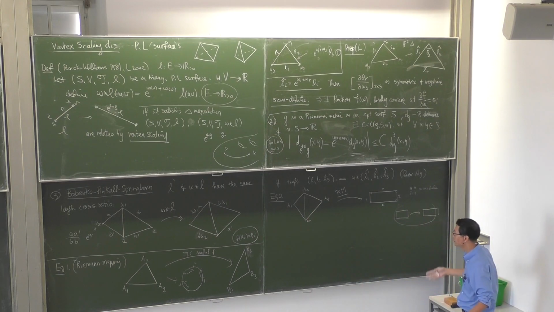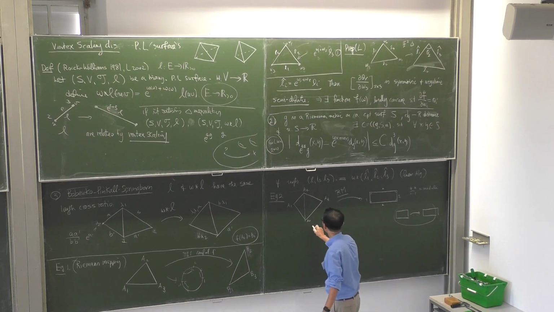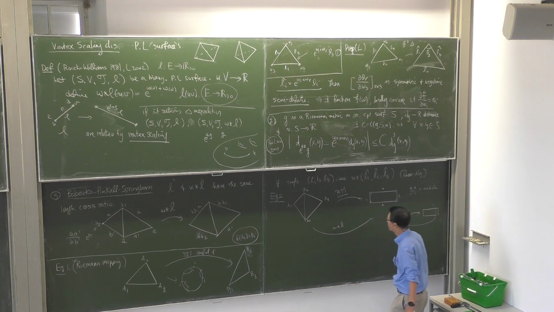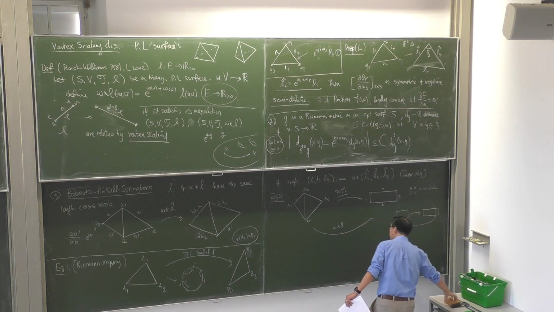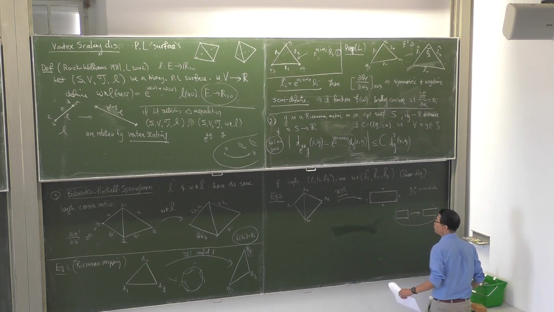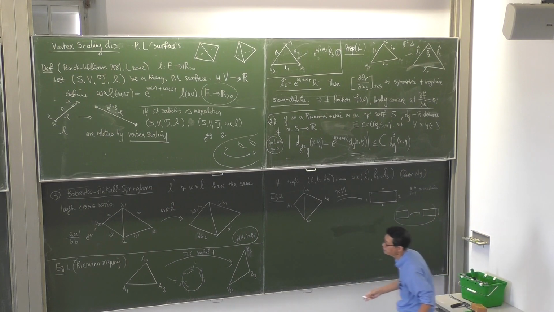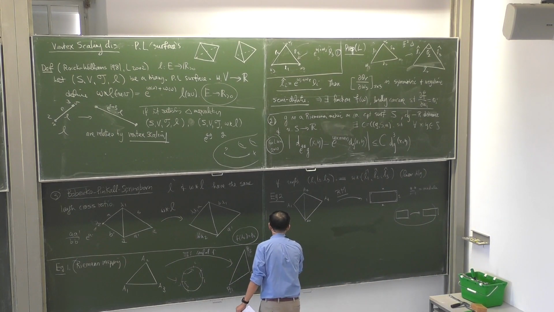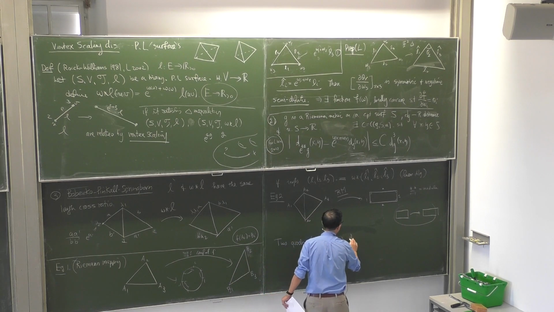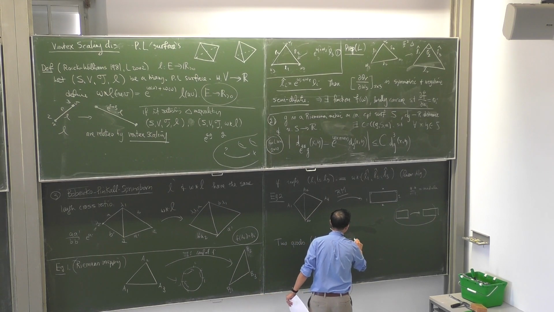And in the discrete setting it is again trivial. So maybe let me make it more precise. Any two quadrilaterals are discrete conformal if and only if they have the same length cross ratio.